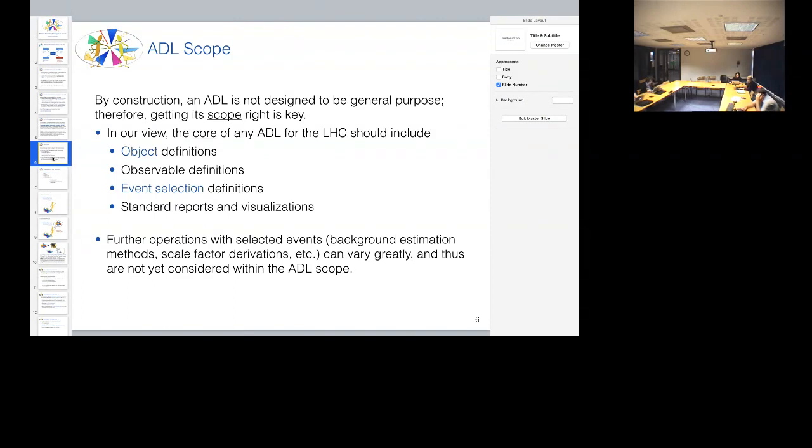Now, of course, there are lots of other things that we do, background estimation, scale factor derivations, etc. And of course, there are things that we cannot anticipate that we shall be doing over the next 25 years. And so, of course, these things are not yet included in the scope. But one thing we would like to ensure is that the core is designed in such a way that if and when extensions are required, they can be added without breaking the core.